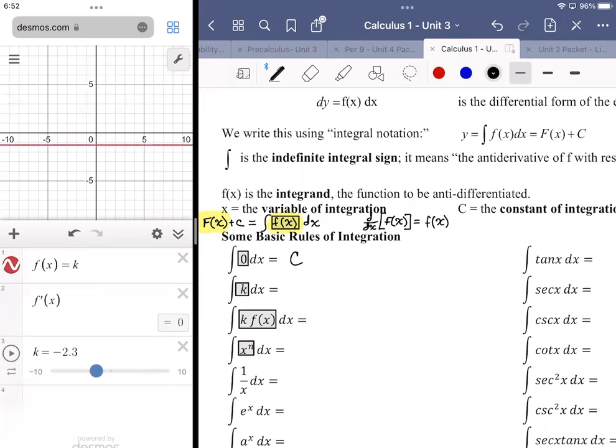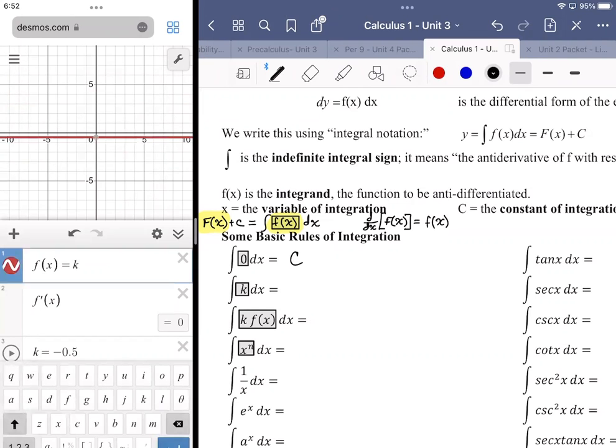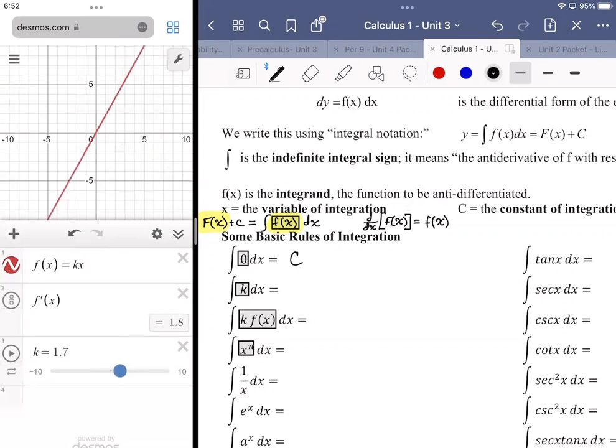If I do a K, K has a sliding value that is constant. Derivative of a constant is equal to 0, right? So that's no help, right? So the derivative of K would not be equal to K, but the derivative of Kx, see how K and its derivative are the same thing, that actually checks out.